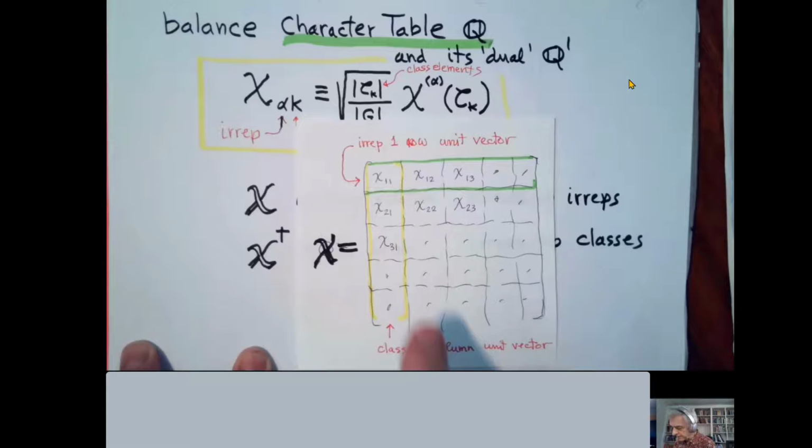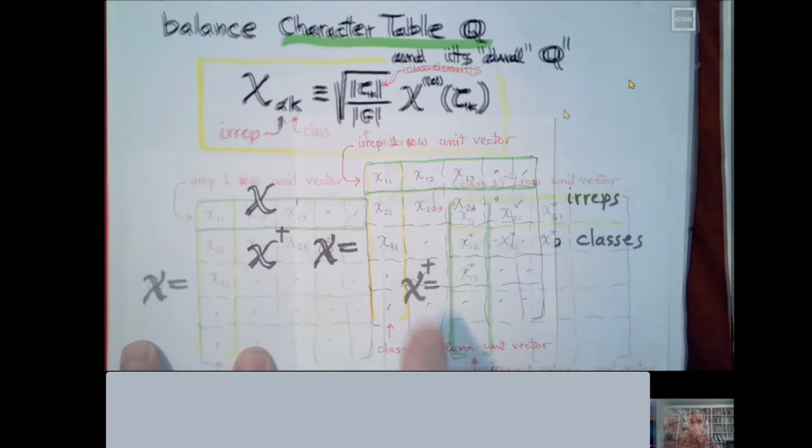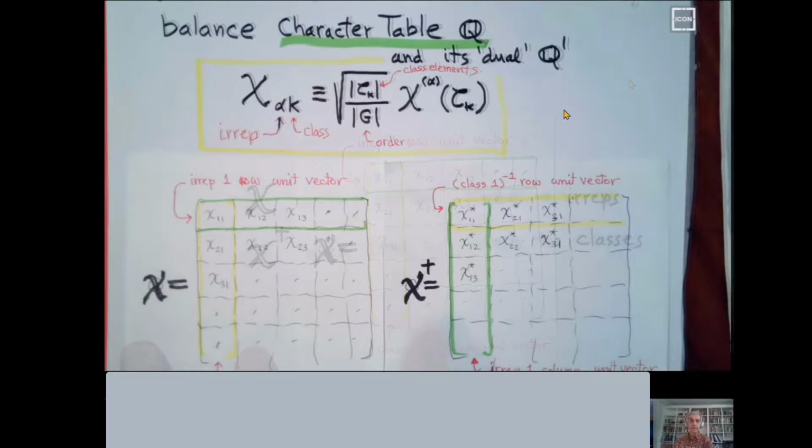And what chi prime does, it just goes back, and it's a unitary matrix because, if I multiply these two guys, our orthogonality relationships said that the product of these two matrices is the identity. So that's how you have to think about all this voodoo about character tables.